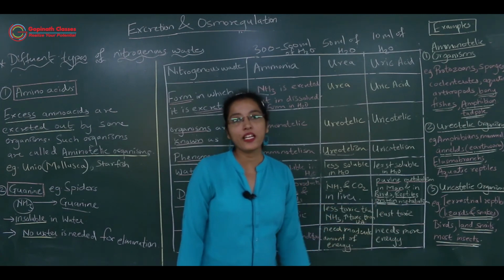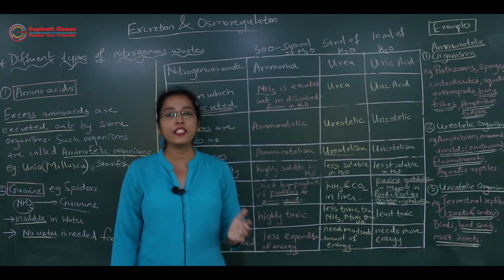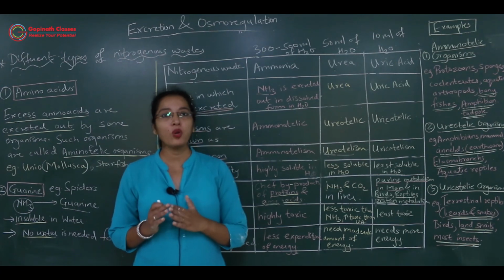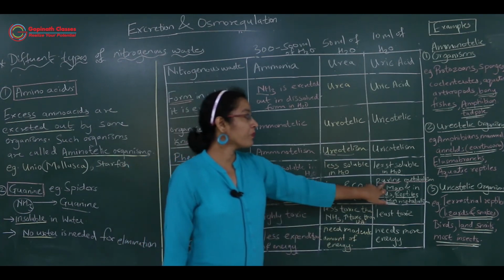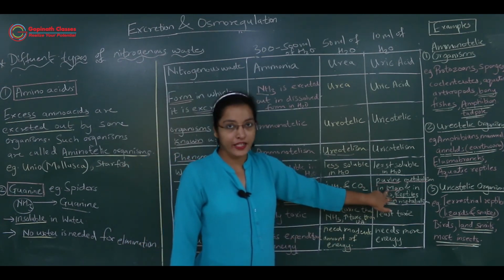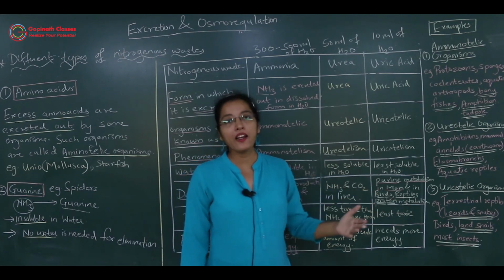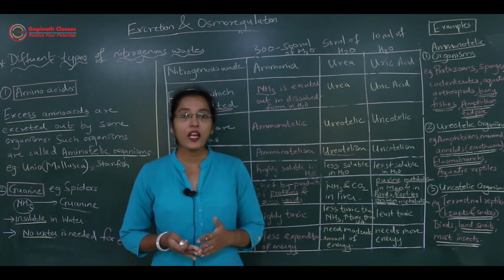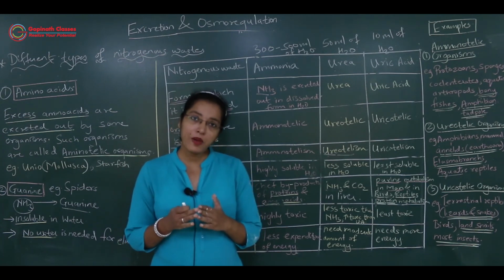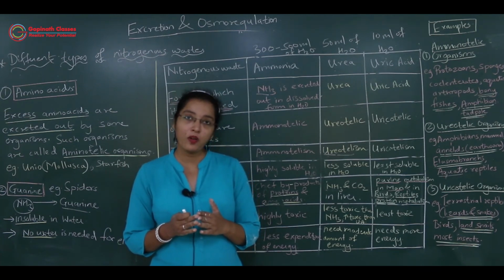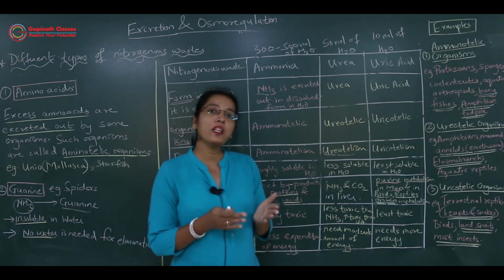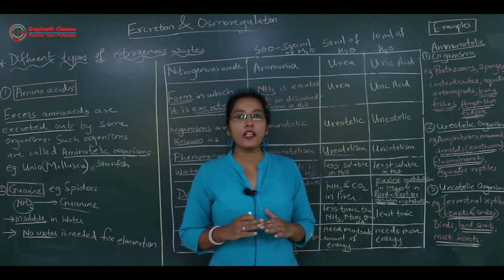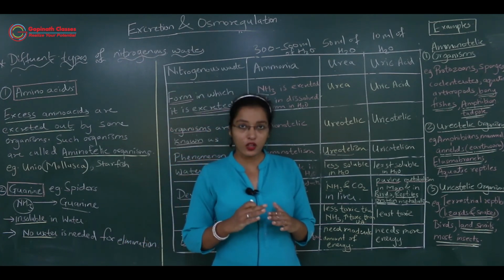And how is this uric acid formed? Uric acid is formed due to metabolism of purines in man. So in man sometimes uric acid is formed. Why? Because sometimes in the human body guanine is formed in more quantity.